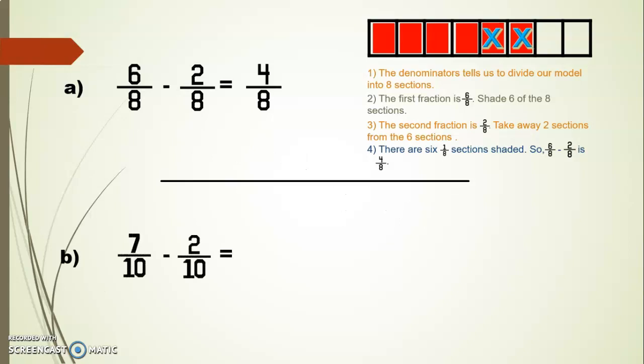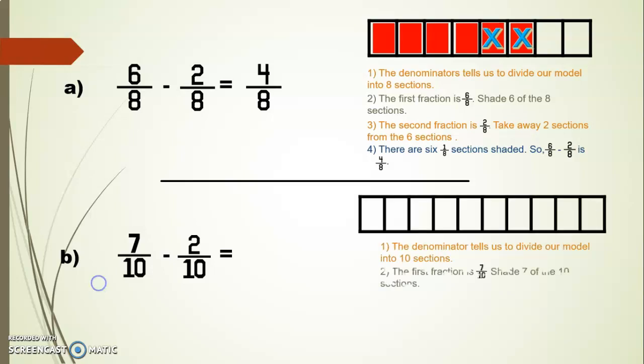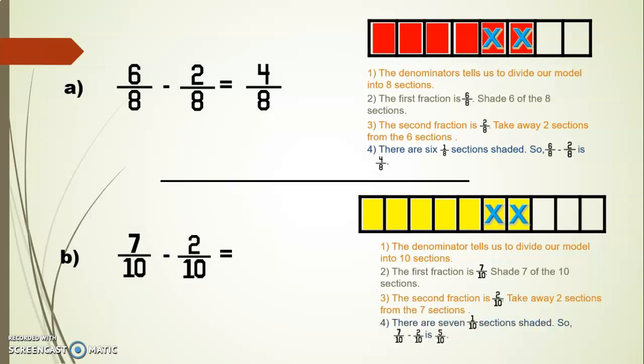Number B, 7 over 10 minus 2 over 10. The denominator tells us to divide our model into 10 sections. The first fraction is 7 over 10, so I'll shade 7 of 10 sections. The second fraction is 2 over 10. I'll take away 2 sections from the 7. There are 5 one-tenth sections shaded.